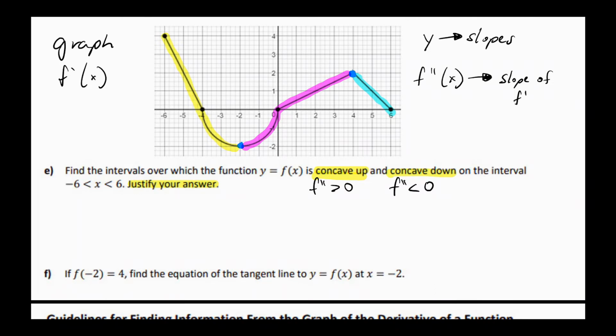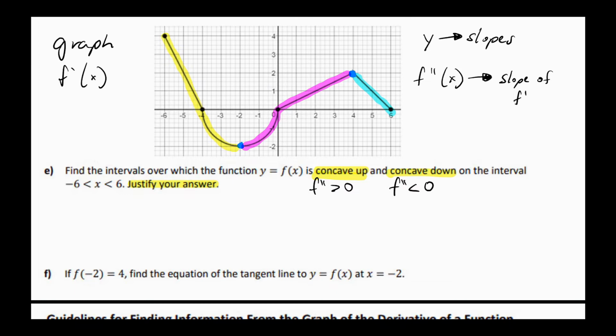Okay? So the yellow part, is it going to be concave up or concave down? Why concave down? There you go, right here. Because this is true here. The slope of this yellow guy here is negative. It's going downhill, right?